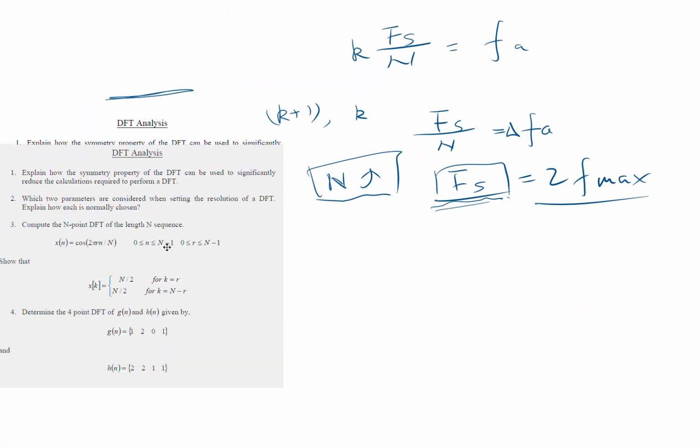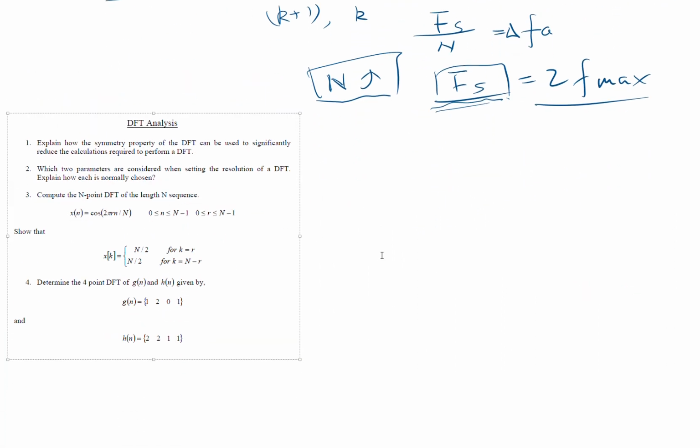So the last one is the third question. We try to compute the N-point DFT of the length N sequence. That's a general form, so x[n] is a general form instead of a specific point, but that's okay.